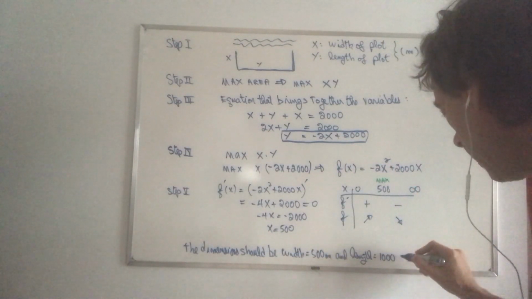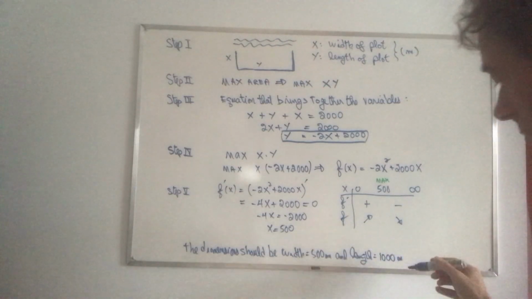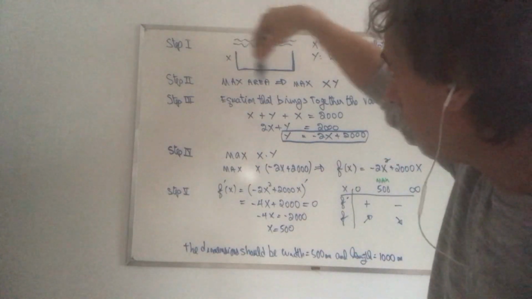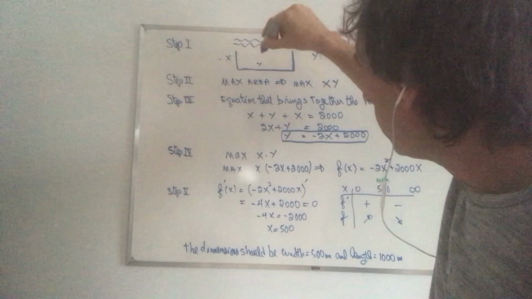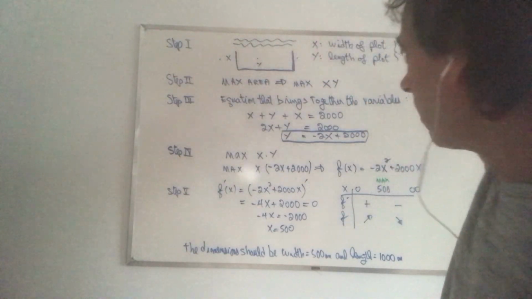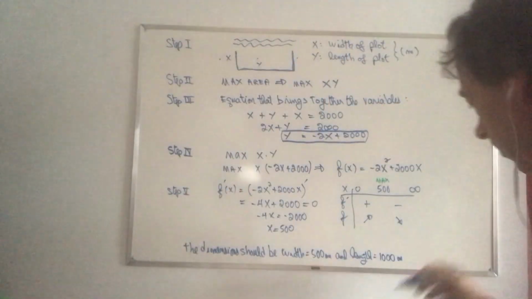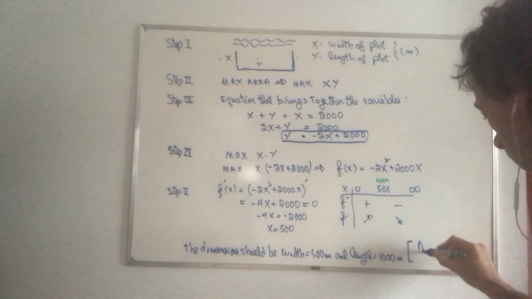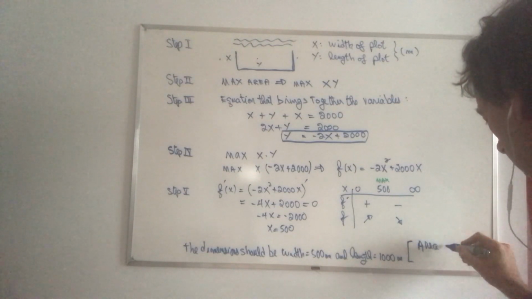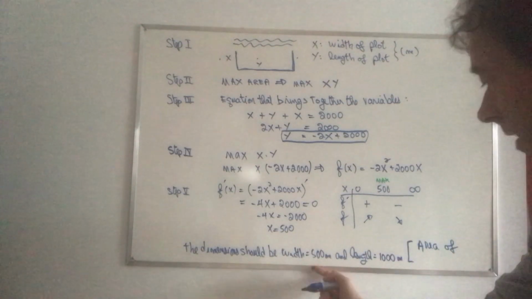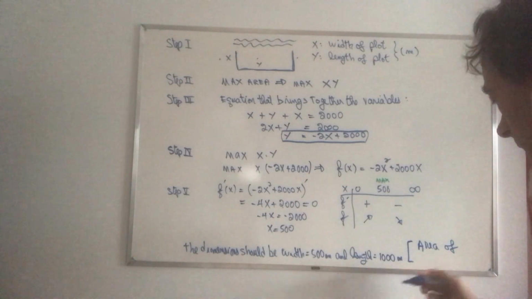What this is saying is that if you build your rectangle so that this is 500 and this is 1,000 and this is 500, you will actually have, they didn't ask for it, but we'll put it down anyway, an area of this times that.